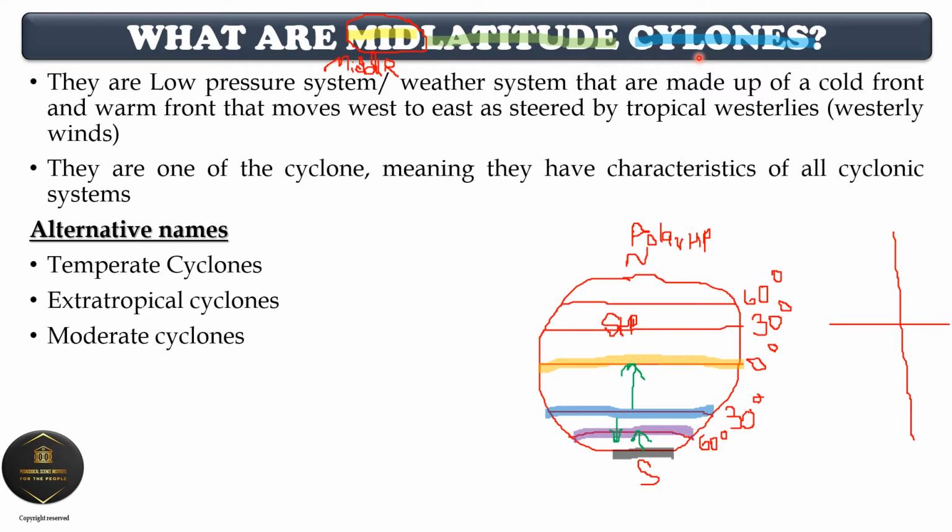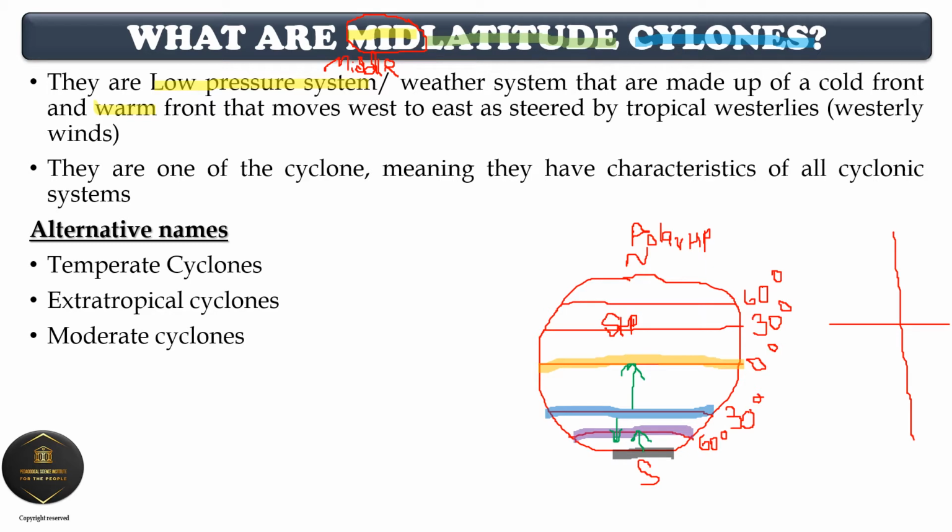And what is that telling us then about a mid-latitude cyclone? It is basically telling us that a mid-latitude cyclone is a low pressure system that is made up of our warm air, which will be found in the warm front, right?